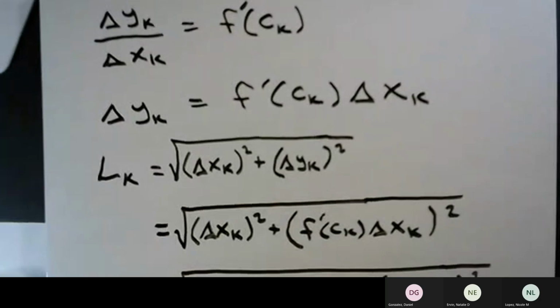And to write this in maybe a more familiar way: a to b, 2 pi f of x square root 1 plus f prime of x squared dx.